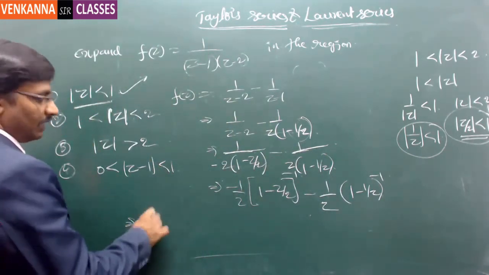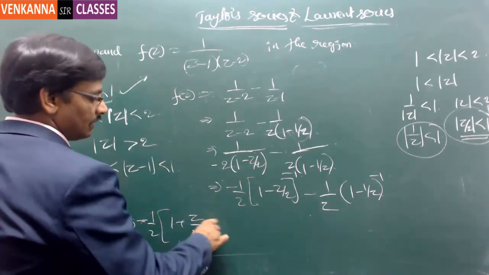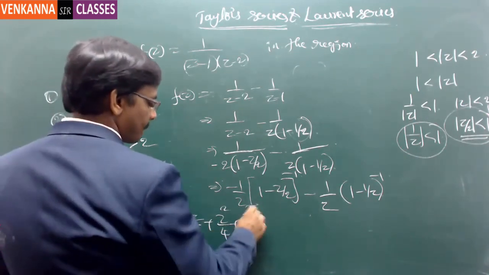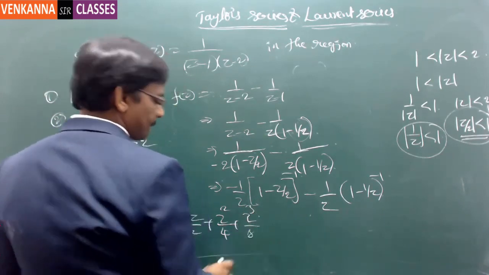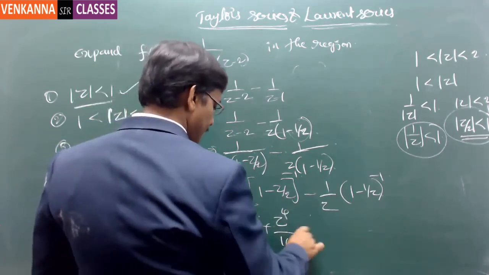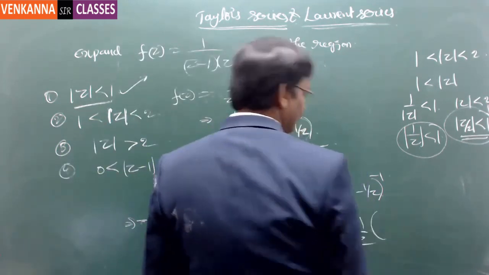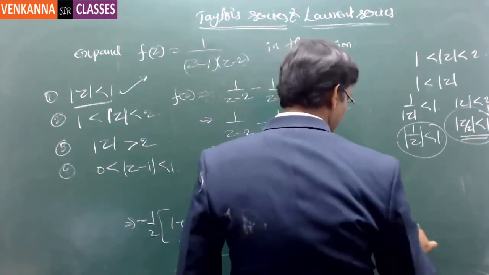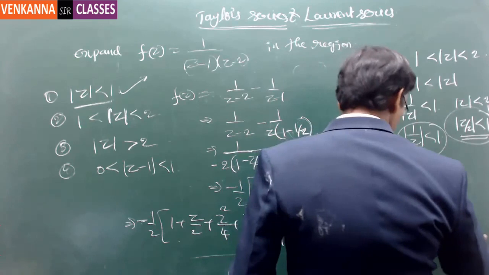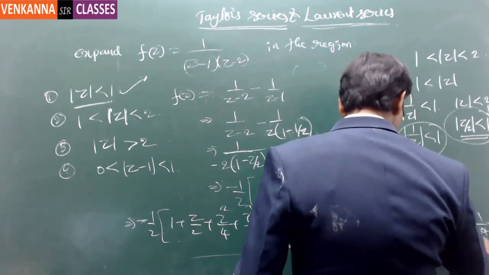This is minus 1 by 2 out, and then 1 plus x plus x square plus x cube plus x power 4 plus and so on up to infinity. This is minus 1 by z, and then this expansion is 1 plus 1 by z plus 1 by z square plus 1 by z cube plus 1 by z power 4 plus and so on up to infinity.